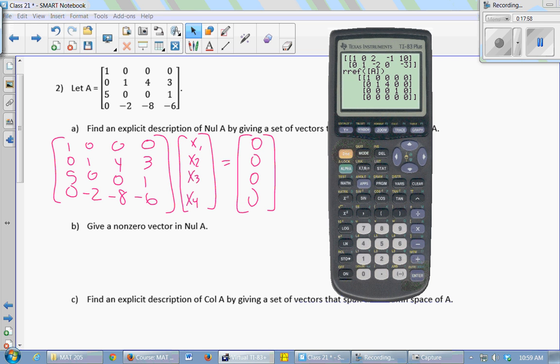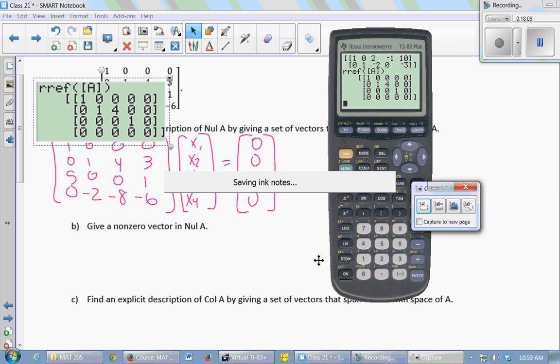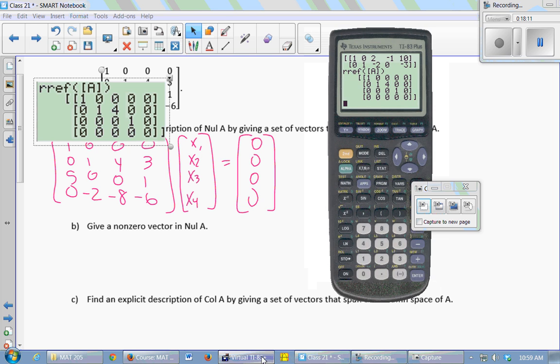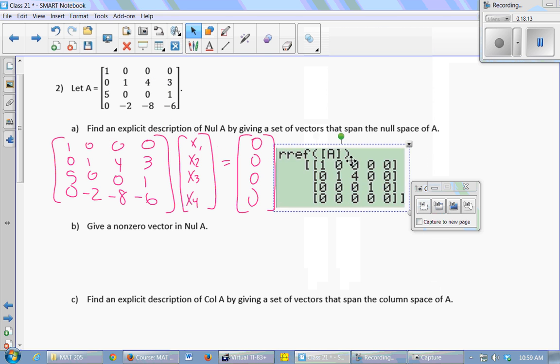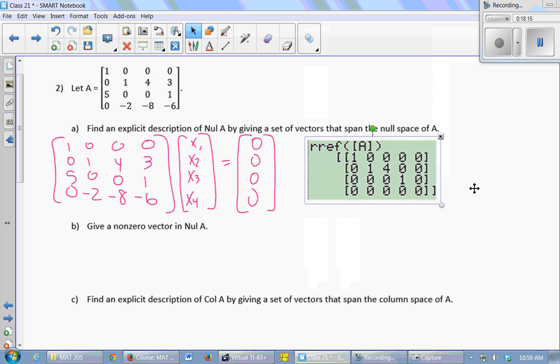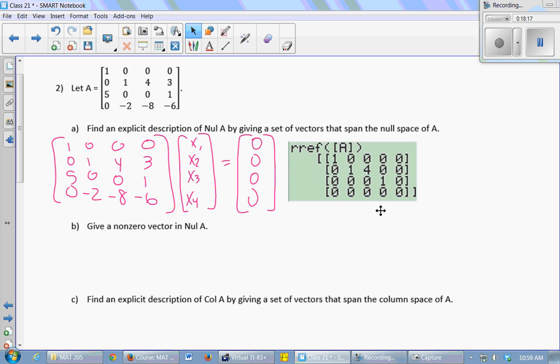All right, so there's my row reduced matrix. Okay, so how can I describe the solutions, right? The solutions to this matrix equation. How do I do that?